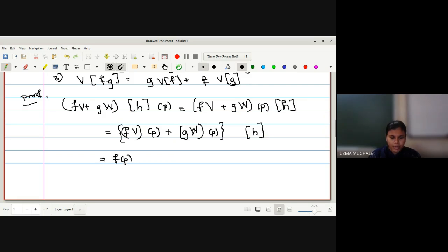F at a point P, and this whole vector field evaluated at a point P will be now a tangent vector, plus G at a point P and the whole vector field evaluated at a point P. Now it will be again one tangent vector. So we are just using a pointwise application.